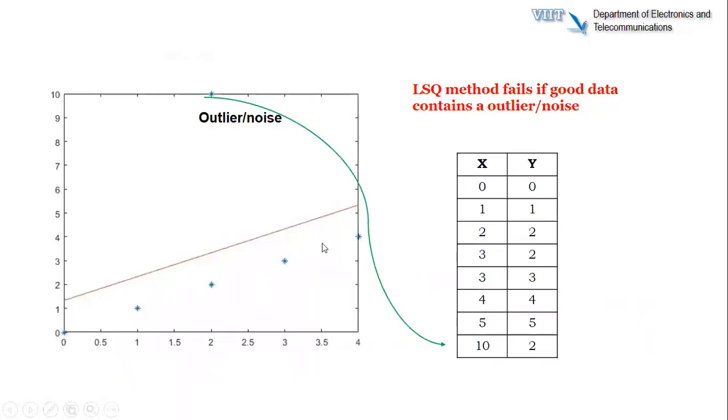These are the 5 points to which this line was best fitting, but because of only one outlier, one data point, the entire model is changed. The entire parameter estimation is wrong, and that is the problem. That's why nobody goes for the least square fitting method, because it doesn't take care of outliers.